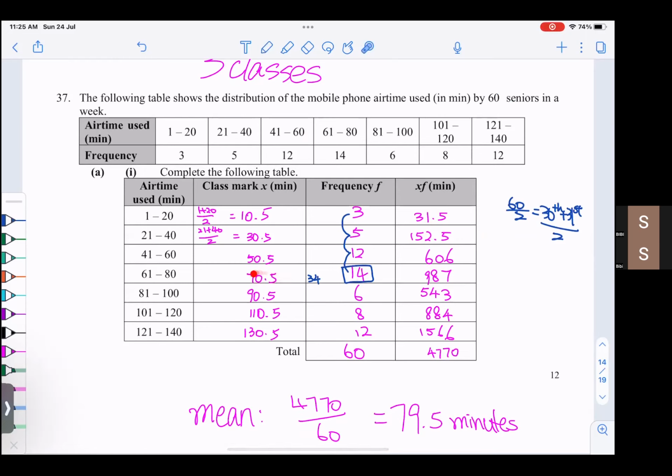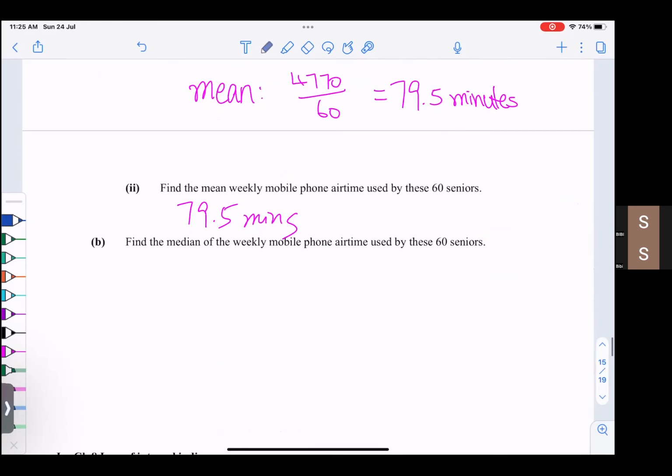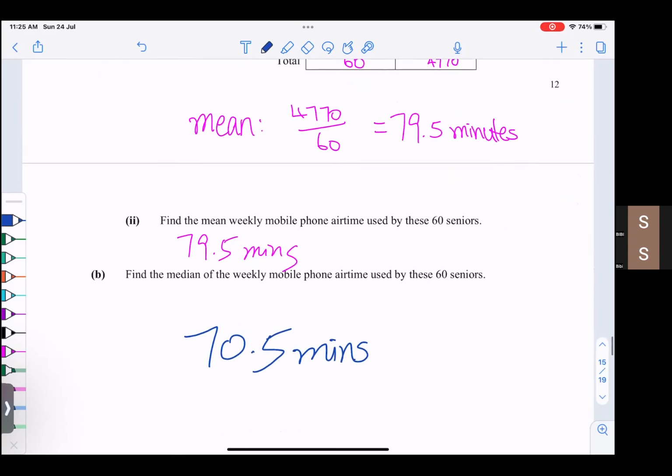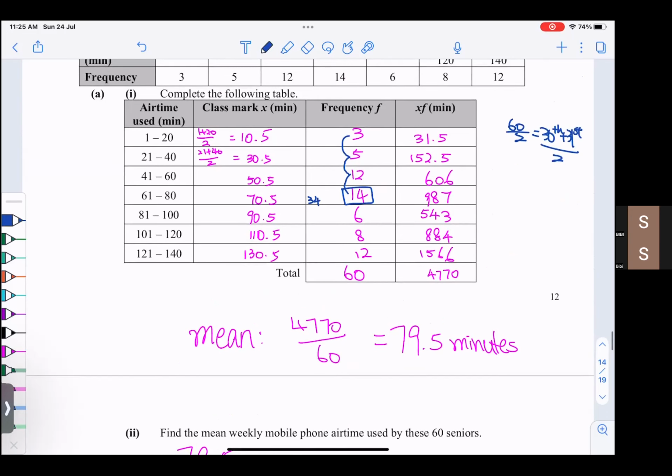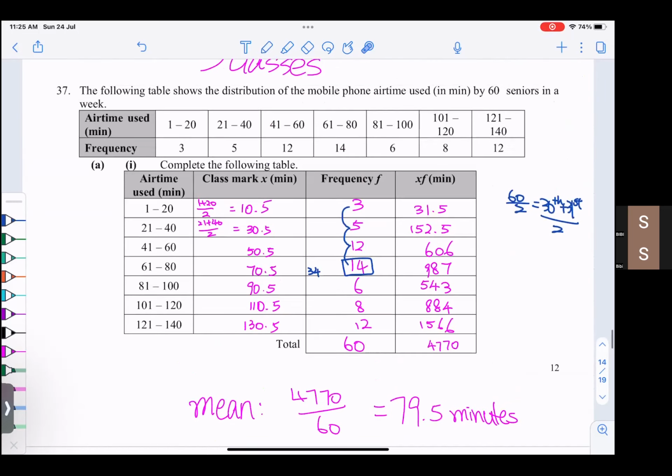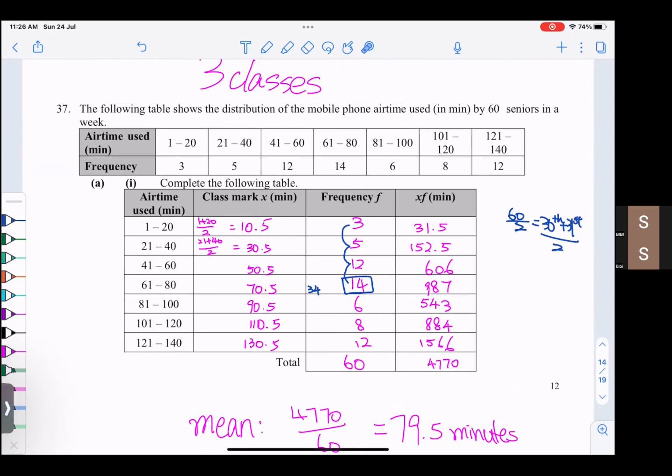So you can just write 70.5 minutes. Your median will be 70.5 minutes. Okay, so that's for this part. I know this question was a little bit harder because the numbers were a lot. Again, we had 60 people in total, so you have to find median by finding the middle parts.